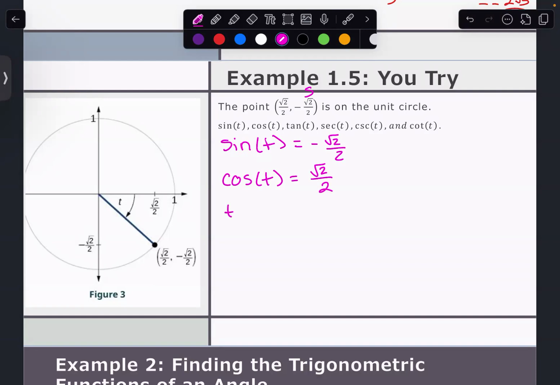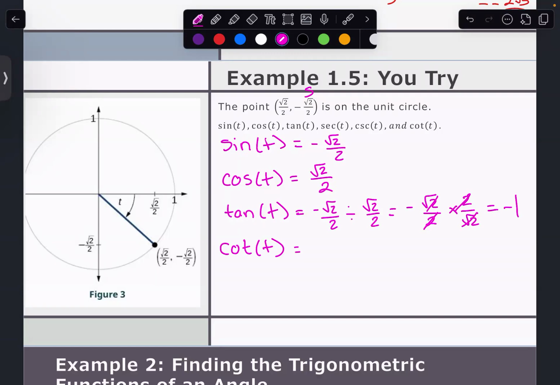We know tangent will be negative square root of 2 over 2 divided by square root of 2 over 2. And so when we rewrite that as a multiplication problem, because we reciprocate, we end up with just negative 1. Okay, so cotangent would be the reciprocal of negative 1, which is negative 1.